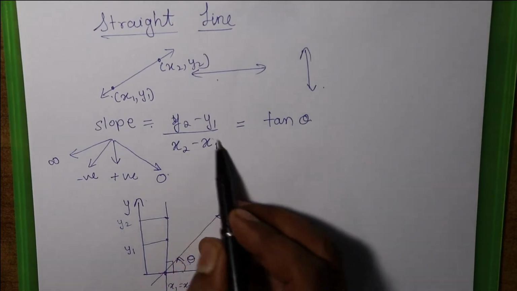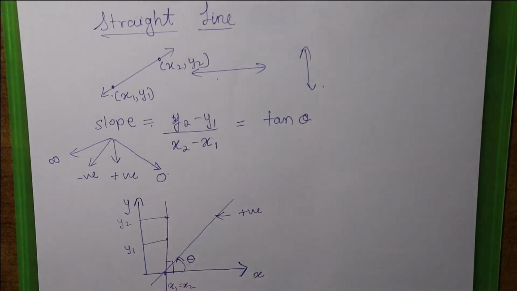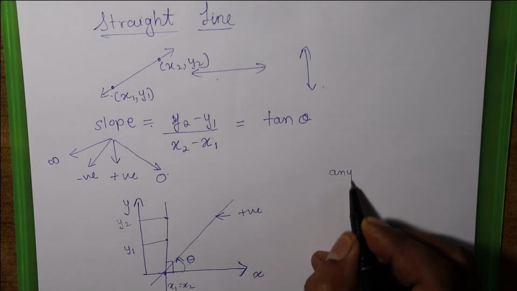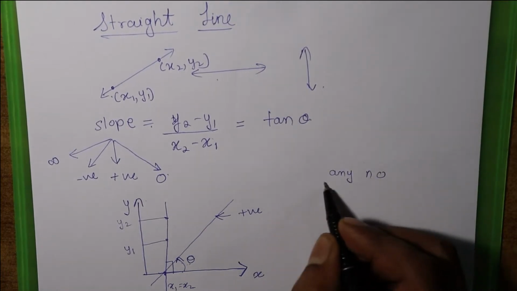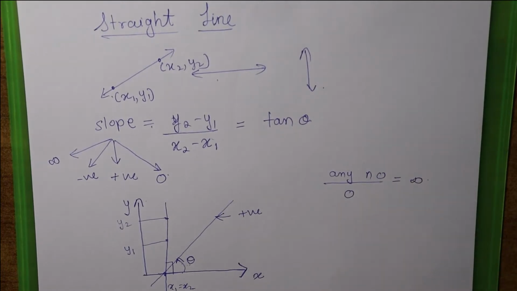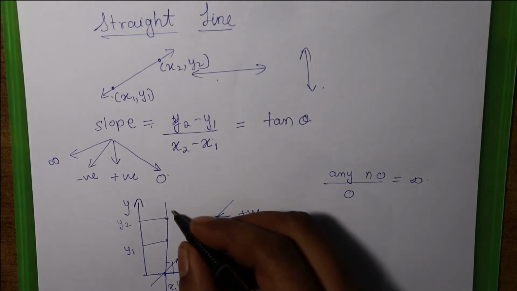Therefore the denominator becomes equal to 0, and we very well know that any number divided by 0 will give us infinity. Therefore the slope of a line parallel to the y-axis, or the line which makes 90 degree with respect to the horizontal x-axis, is infinity.